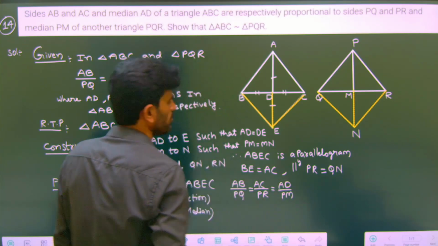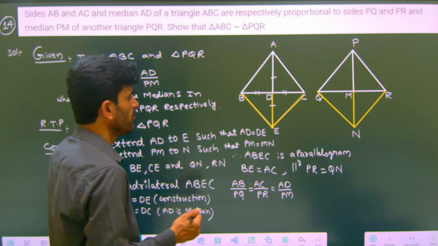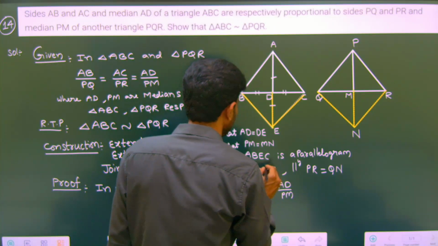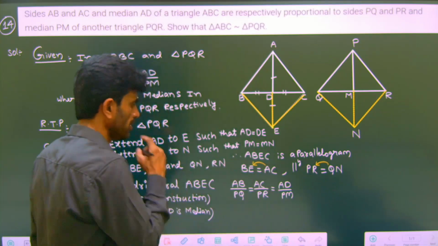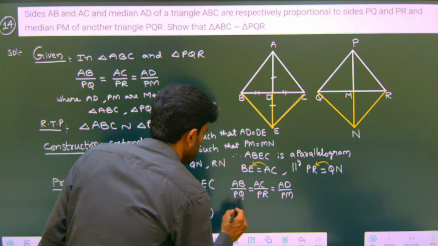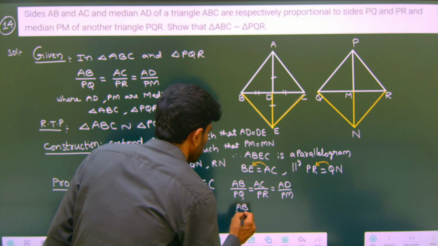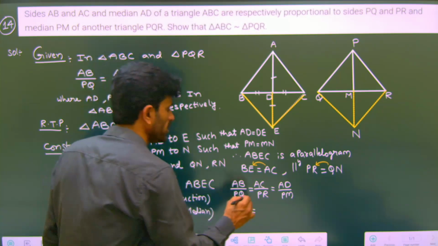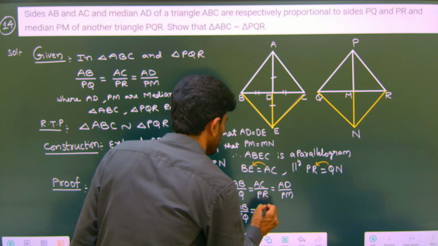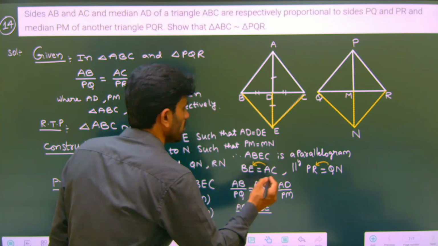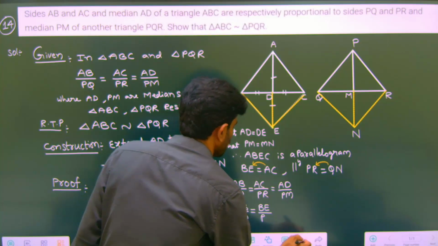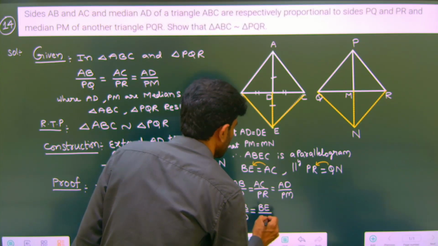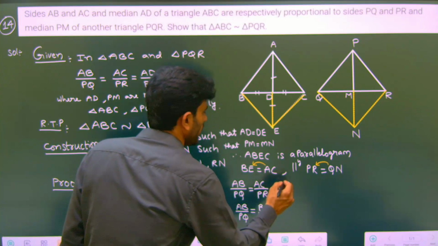In this ratio we replace AC with BE and PR with QN. Then we get AB by PQ is equal to BE by QN is equal to AD by PM.